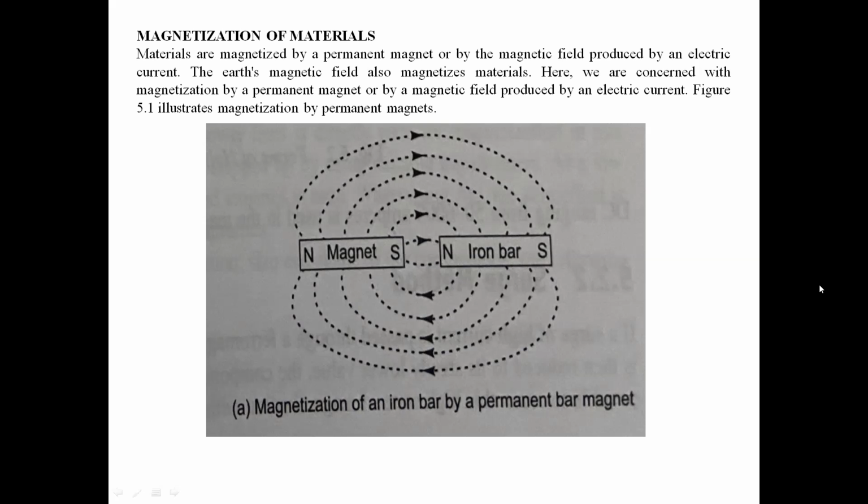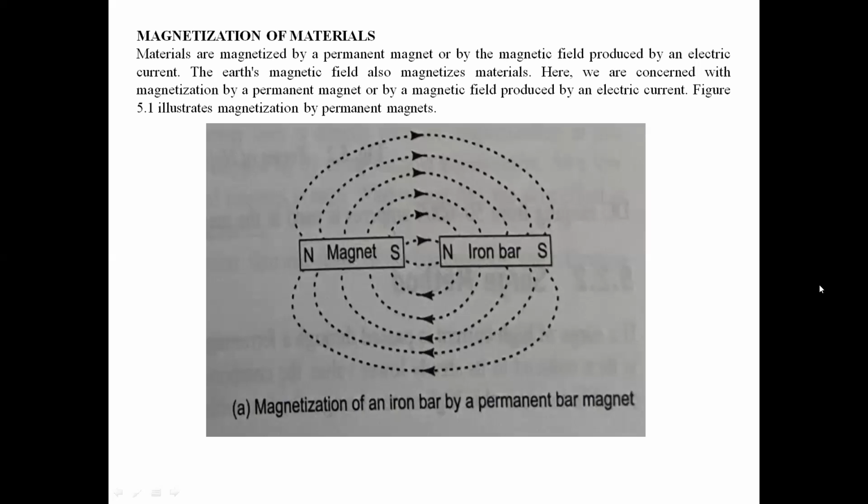Now we see what is magnetization of material, how to conduct the magnetic particle test, and what is demagnetization. Everything we have to learn in this unit. First, we see the magnetization of material. Suppose you take ferrous materials, for example iron.